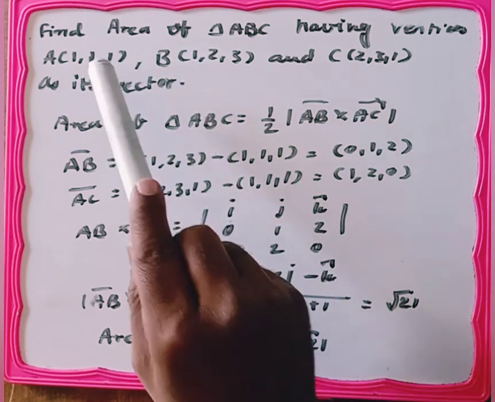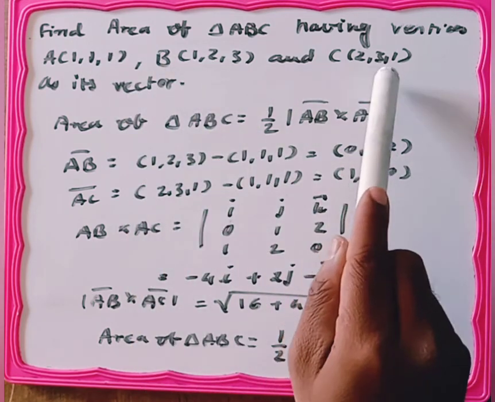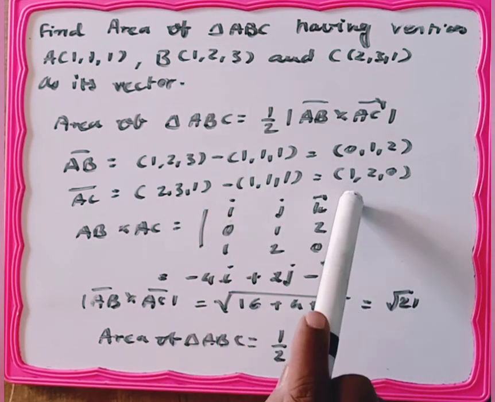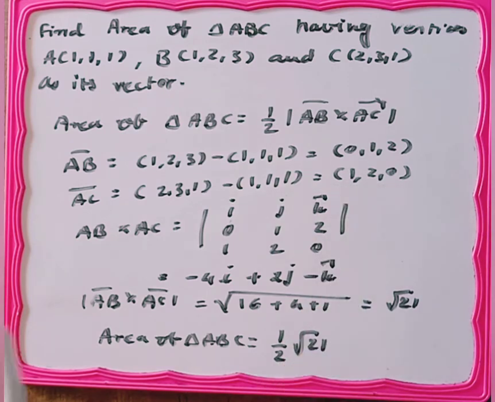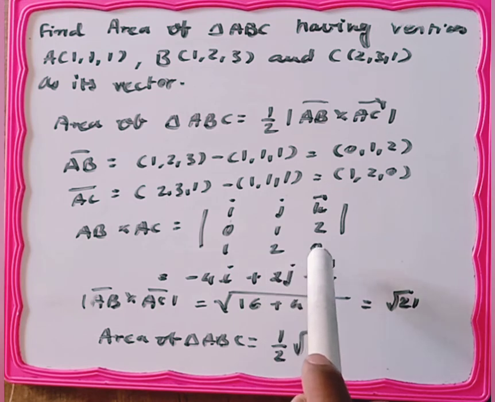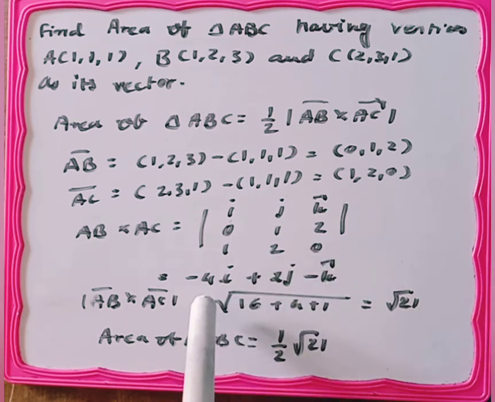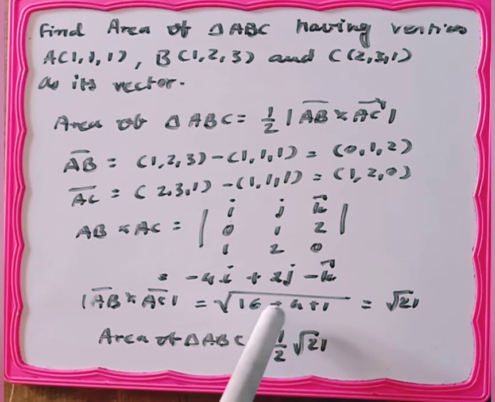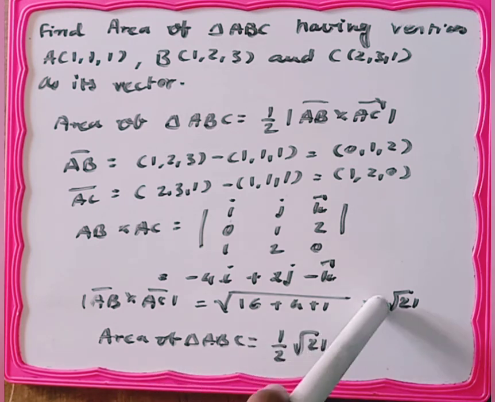AB is (1,2,3) minus (1,1,1), that will be (0,1,2), and AC is (2,3,1) minus (1,1,1), that will be (1,2,0). And so AB cross AC we calculate, i j k, 0 1 2, 1 2 0, which we simplify. Then we get minus 4i plus 2j minus k. And so magnitude AB cross AC will be under root 16 plus 4 plus 1, which is under root 21. And so area of triangle ABC equals 1 by 2 root 21.